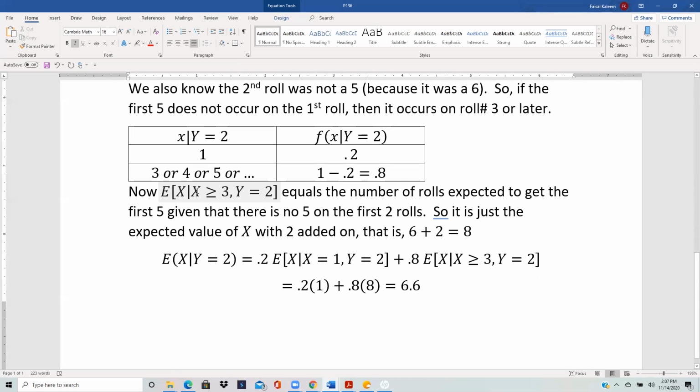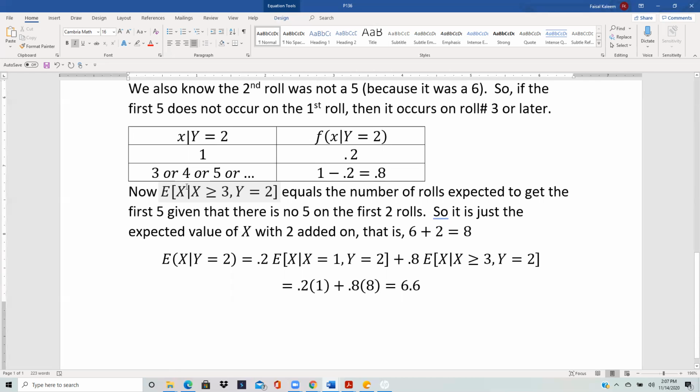And then basically we are resetting the whole game, and we are saying that we are talking from roll 3 onwards, so it will still take 6 rolls, because from roll 3 onwards it's still a geometric distribution. So who cares what happened in the first 2 rolls? From roll 3 onwards it would take 6 rolls to get the first 5.